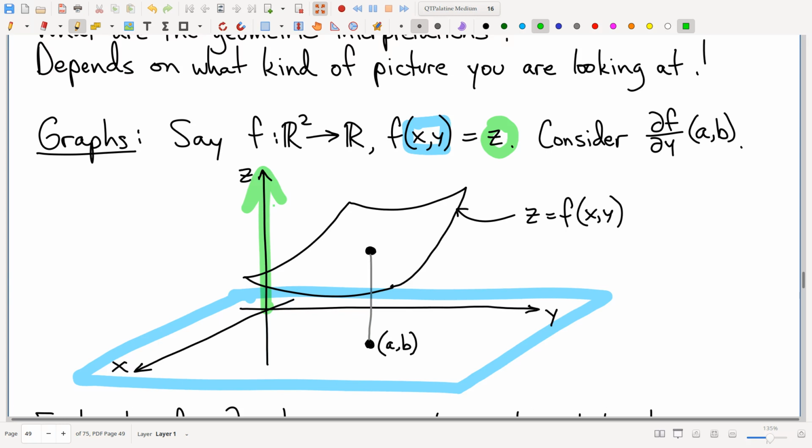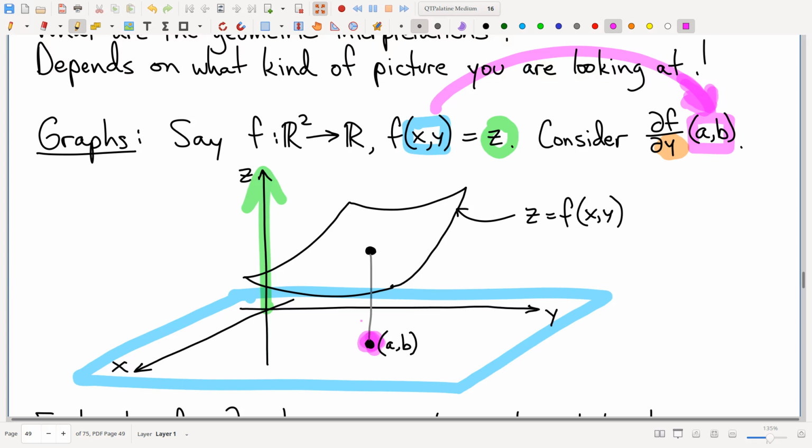Okay, so in this context, now suppose that I want to take a partial derivative with respect to y. By the way, where are we on this surface? It says right here that we're looking at the point A, comma B. Keep in mind those are values of x and y. So A, comma B tells me where we are in the xy plane.